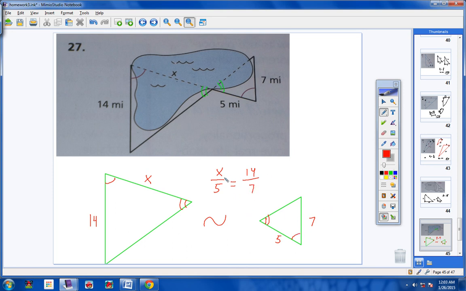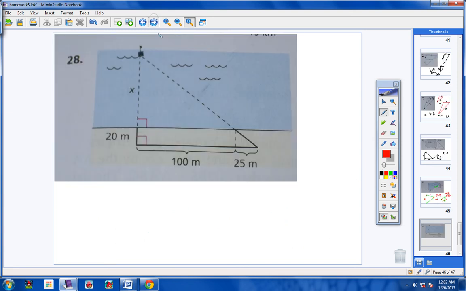If you cross multiply and divide, you will get, I believe, 10, is that right? Let's see, 5 times 14 is 70, 7 times x is 7x, divide both sides by 7, and 10 equals x. Okay, moving on to number 28.